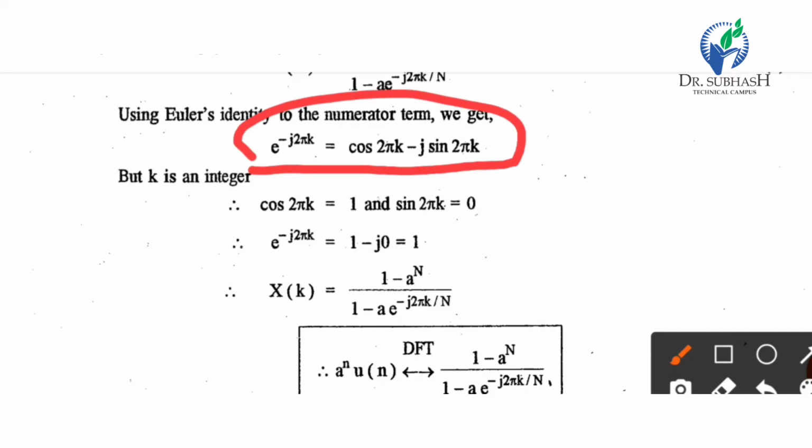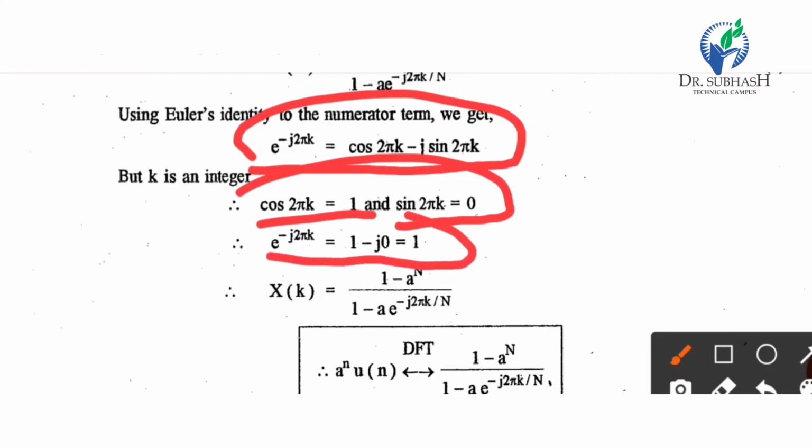But k is an integer, so cos 2 pi k equal to 1 and sin 2 pi k equal to 0. So e raised to minus j2 pi k equal to 1 minus j0, or equal to 1.